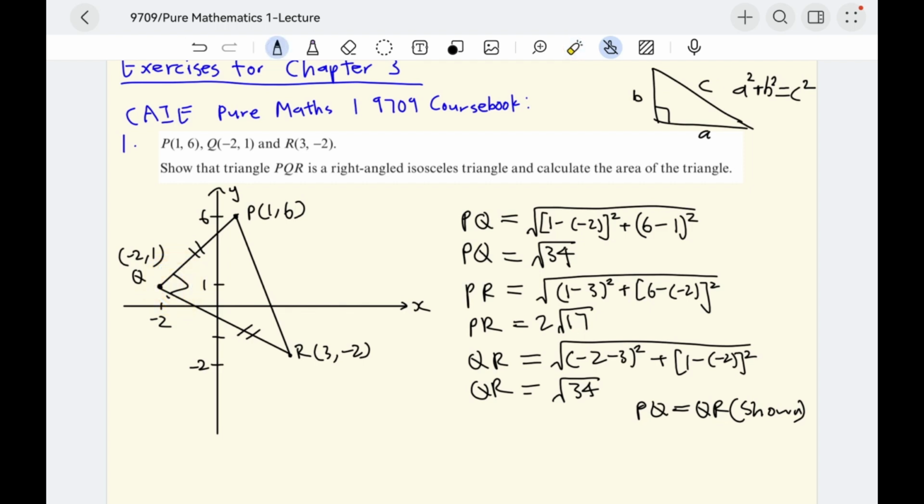You need to prove it from left to right. So you have PQ and QR. You have PQ squared plus QR squared as your left hand side. Right hand side is PR squared. So what is PR squared?